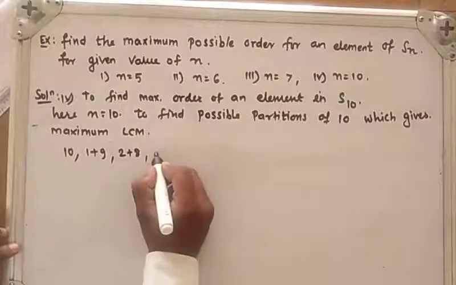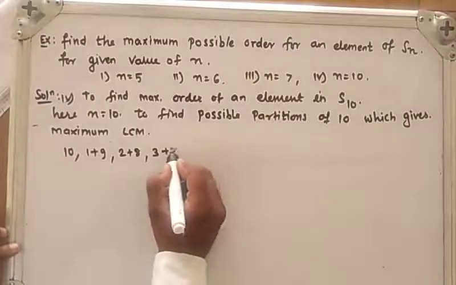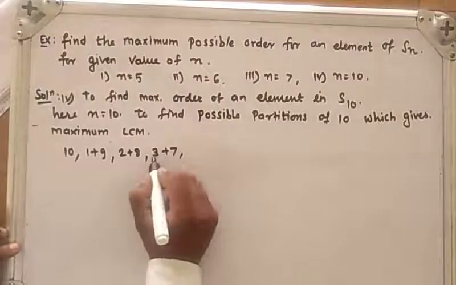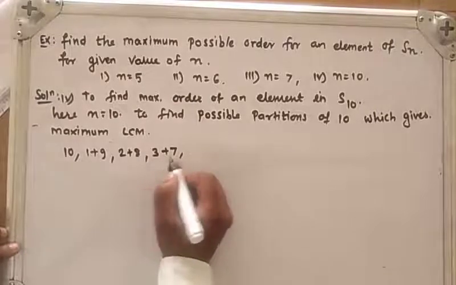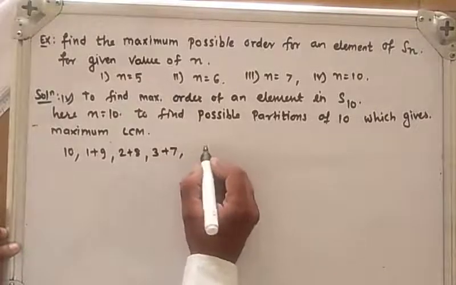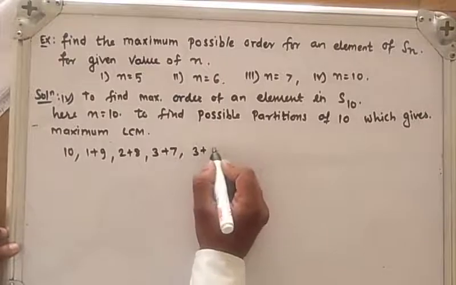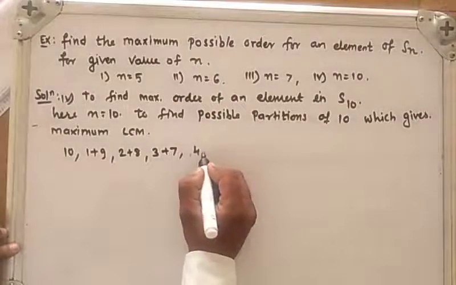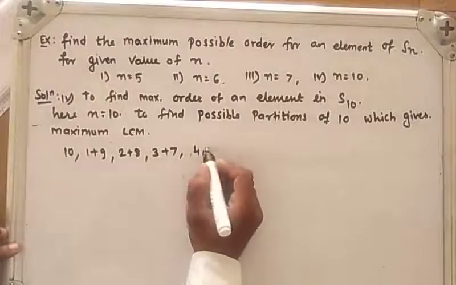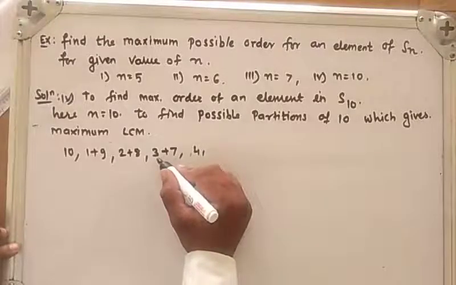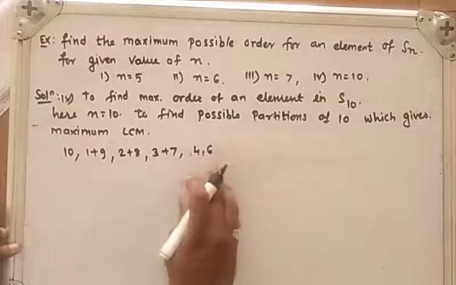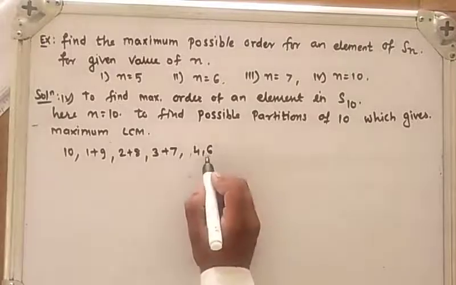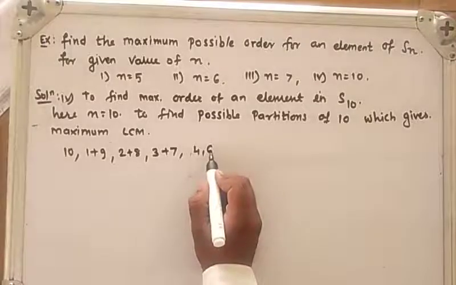Now 3 plus 7, so the LCM will be 7 times 3, 21. Now if I write 3 plus 4 and 6, the LCM will be 12.